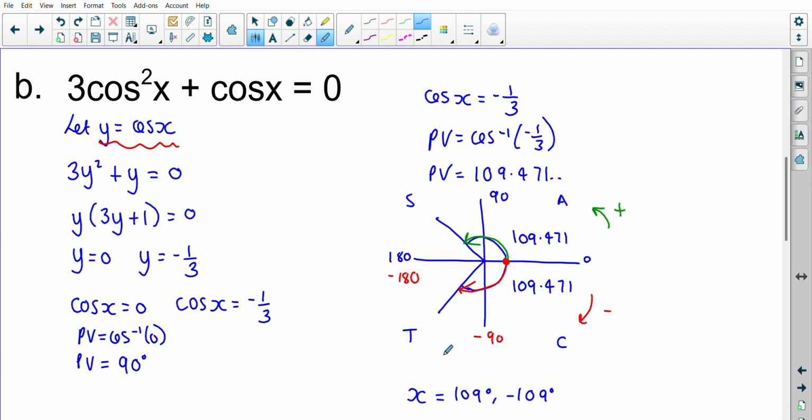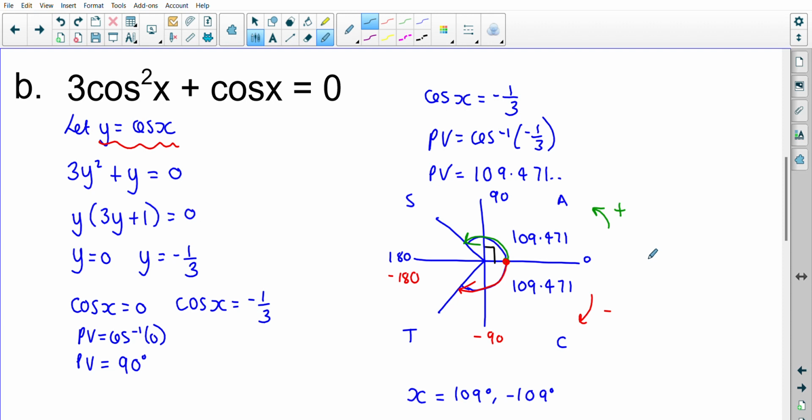Now, we've got an issue. Because 90 degrees, if I just use this CAST diagram over here, 90 degrees is there in the first quadrant. And what are we classing 0 as, positive or negative? And how would I draw an angle with a diagonal line if 90 is a right angle?